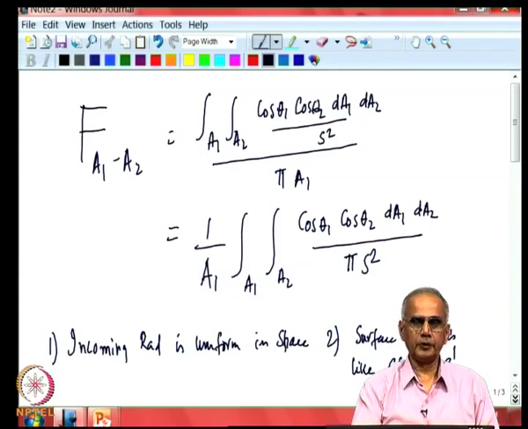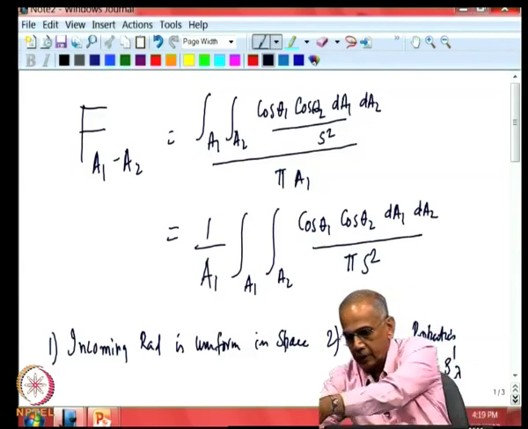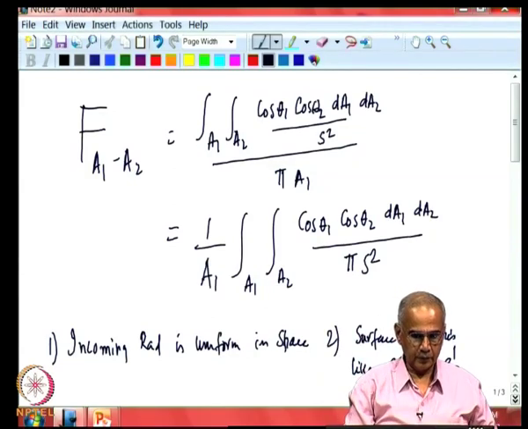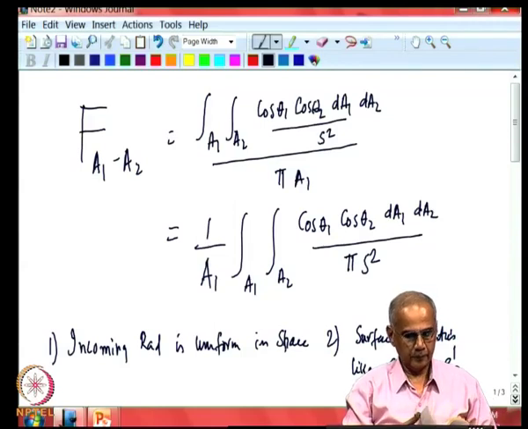But for simple geometries, these configurations have already been done and are given in various tables in books. So, we will take a few examples to illustrate the values of geometric factors.